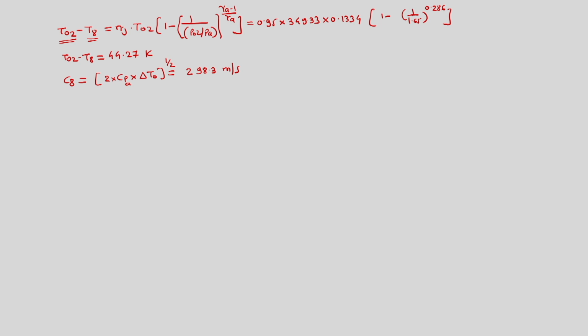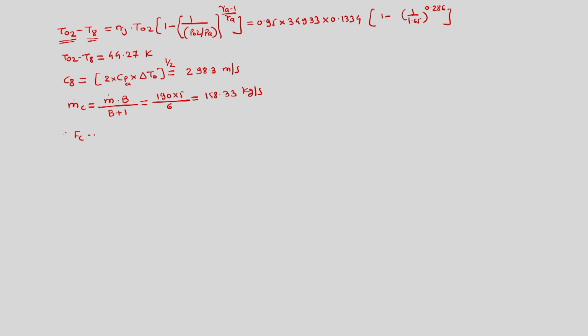This is the velocity, but we know that bypass ratio is 5. So mass flow rate through the fan is total mass flow rate into bypass ratio divided by bypass ratio plus 1. So 190 into 5 divided by 6, and it is 158.33 kg per second.